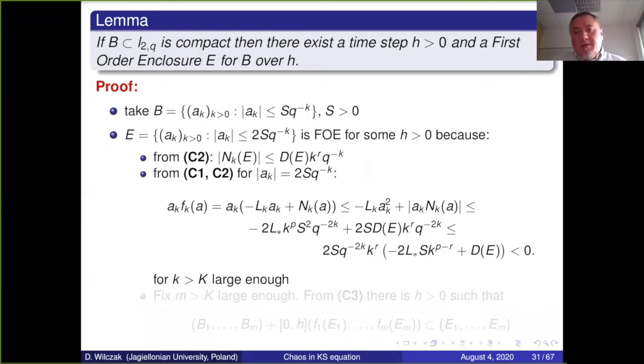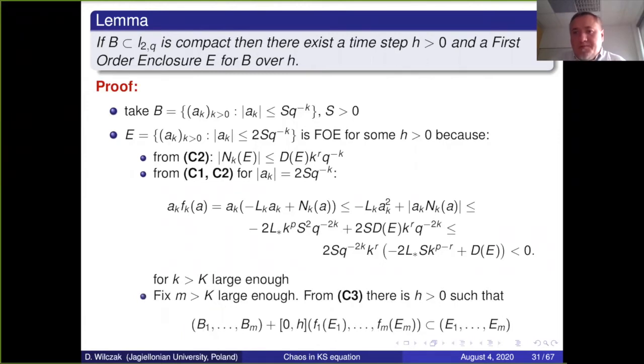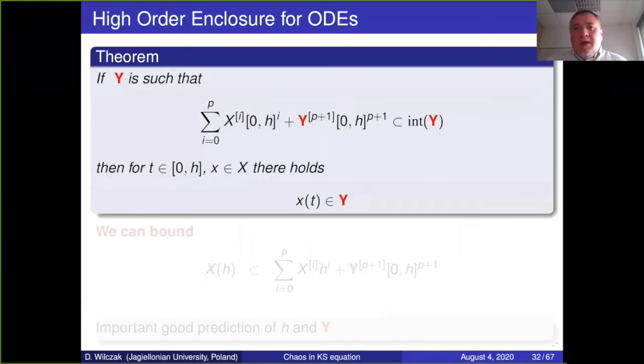And then on the finite number of modes, we can shorten the time steps such that we have inclusion, okay? And that's it. So this is a pure theoretical result, completely useless in practice, but it shows that we can always integrate. In practice, we use a higher order enclosure method. So this is the finite dimensional version.